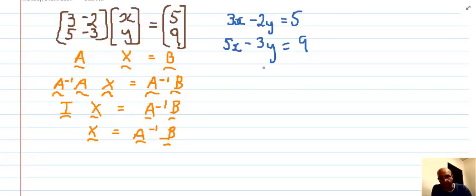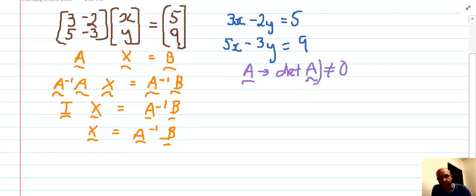Now, since the determinant of A does not equal 0, it has an inverse. That's from our previous knowledge.